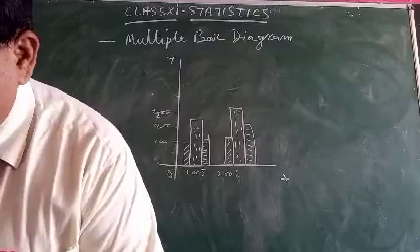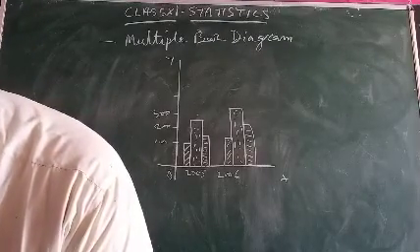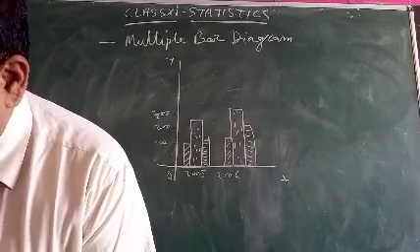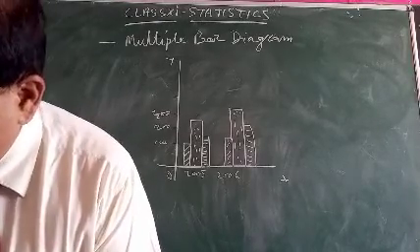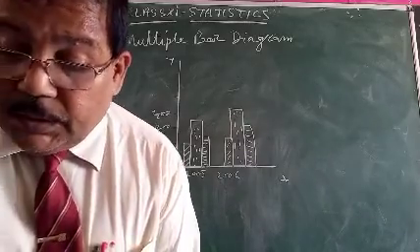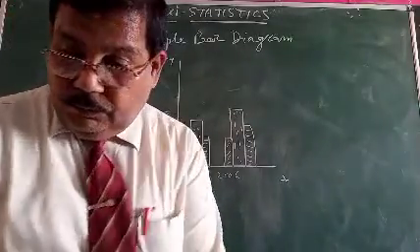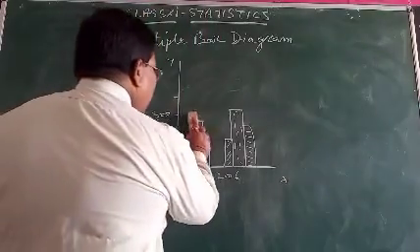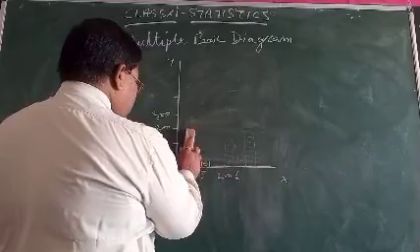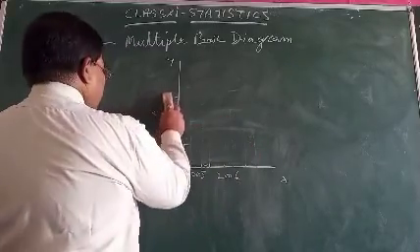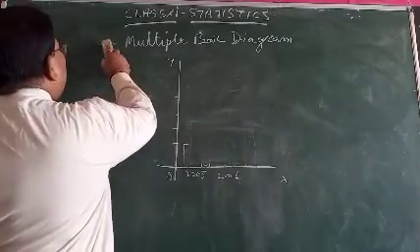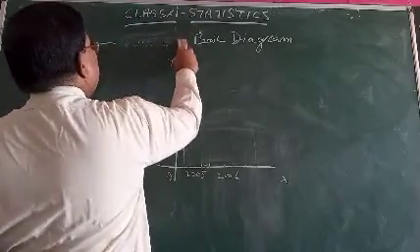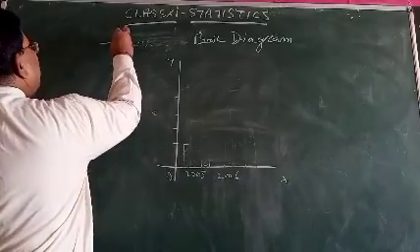Let us consider the next type of bar diagram, that is subdivided bar diagram. In the subdivided bar diagram, we can present on a single bar the production of several commodities.